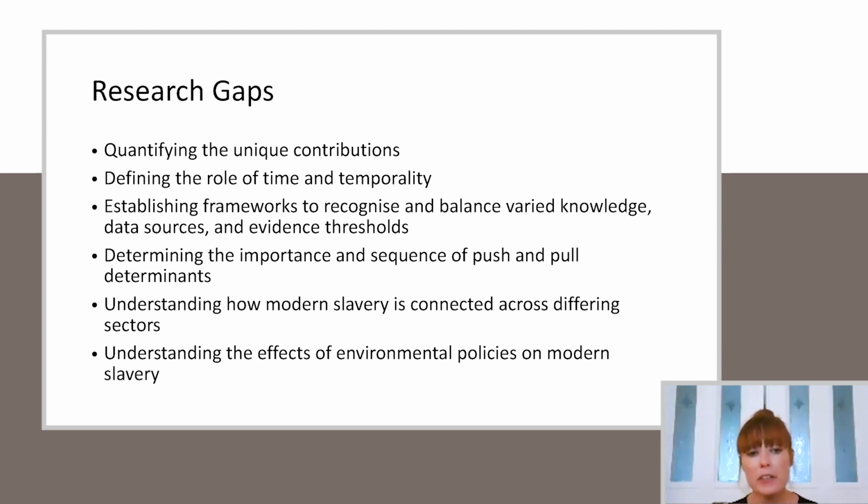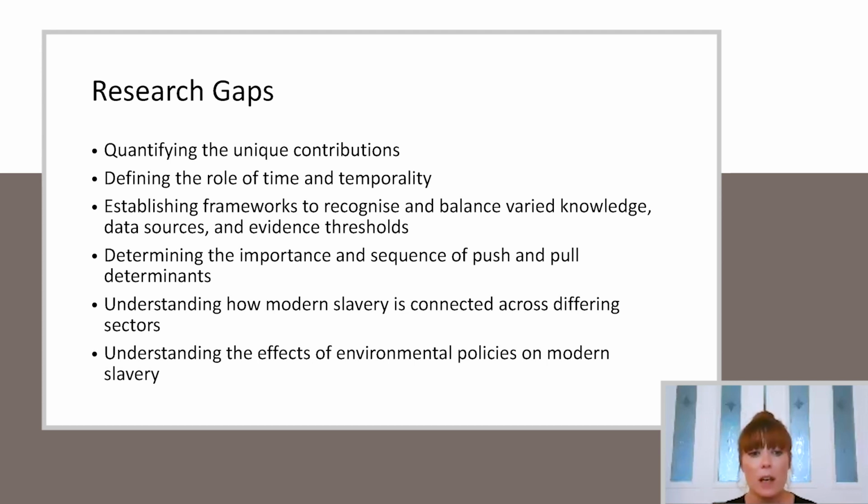Another important research gap that we noticed is that very rarely has research attempted to understand the role of time and/or temporality. What I mean by that is, say there's an uptick in deforestation. What is the time gap that we have to intervene before we start seeing the knock-on effects of increased risk and vulnerability to modern slavery?